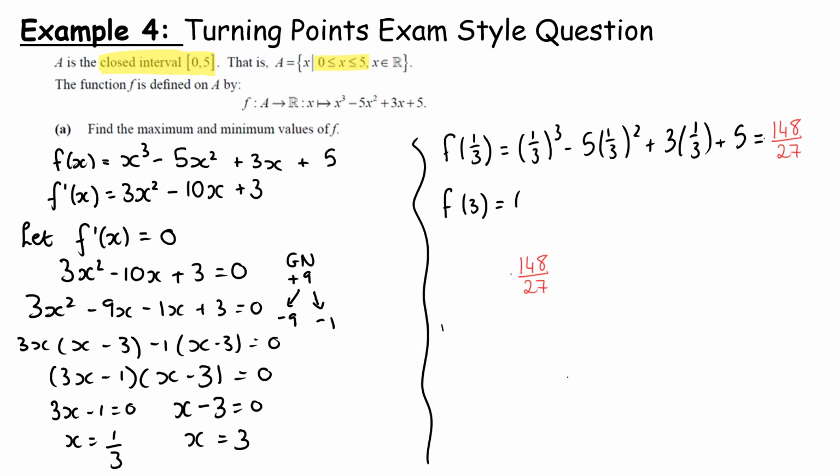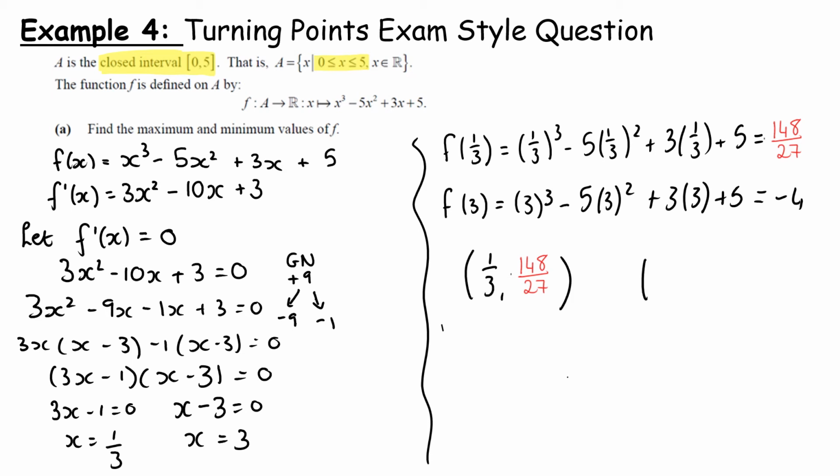And f of 3 is 3 cubed minus 5 times 3 squared plus 3 times 3 plus 5, which will give me minus 4. So the 2 points are a third, 118 over 27, and 3, minus 4.